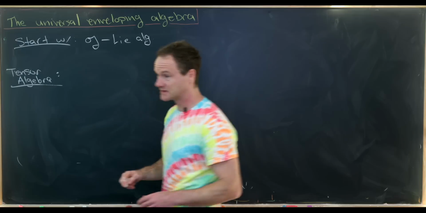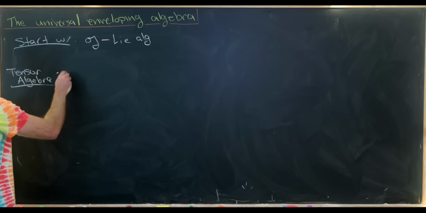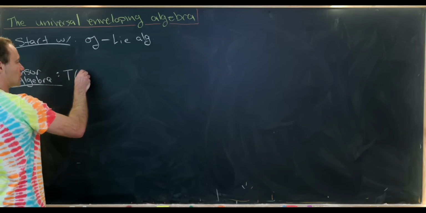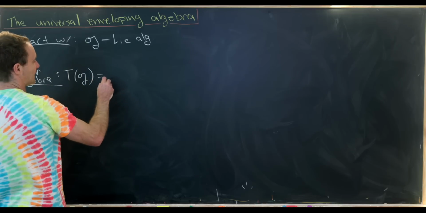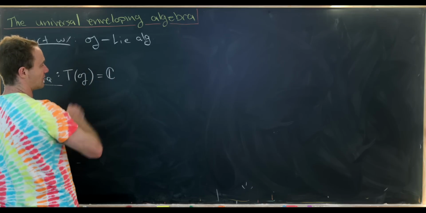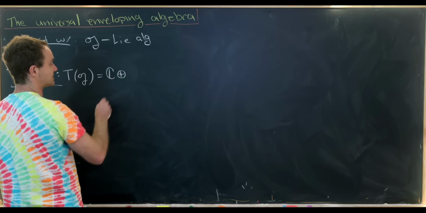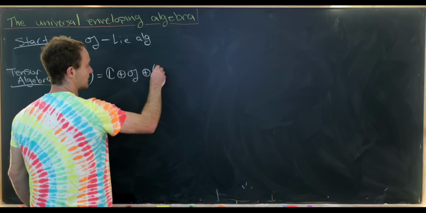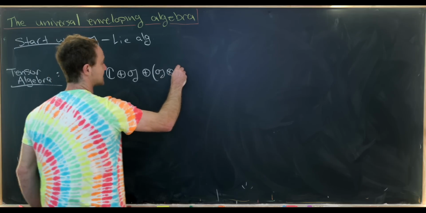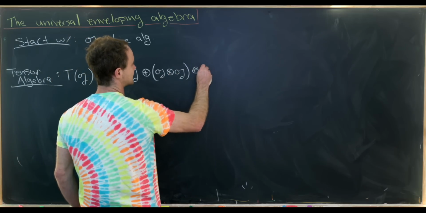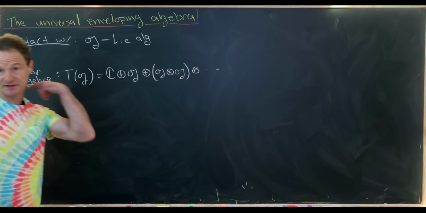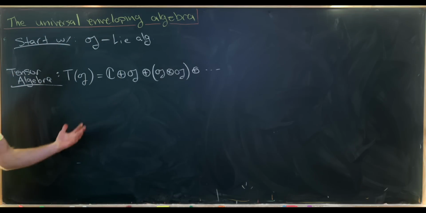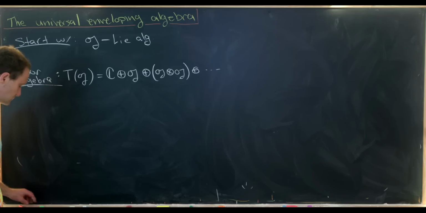So what's the tensor algebra? Well, it's going to be quite big. So we'll call it TG, and it'll be equal to complex numbers direct summed with G, direct sum with G tensor with itself, and then direct sum with 3 copies of G tensored to itself, and so on and so forth.